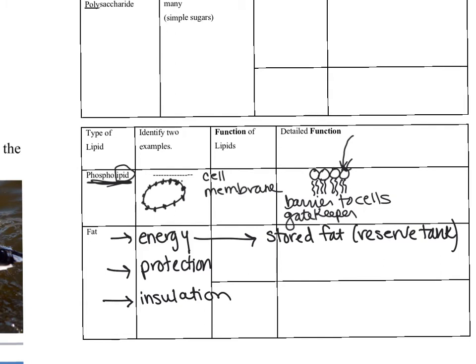It's the whole idea of ketosis and the keto diet that's out there. So if you're not eating carbs and sugars, your body has to go to that reserve tank and it will start burning some of that fat for energy.